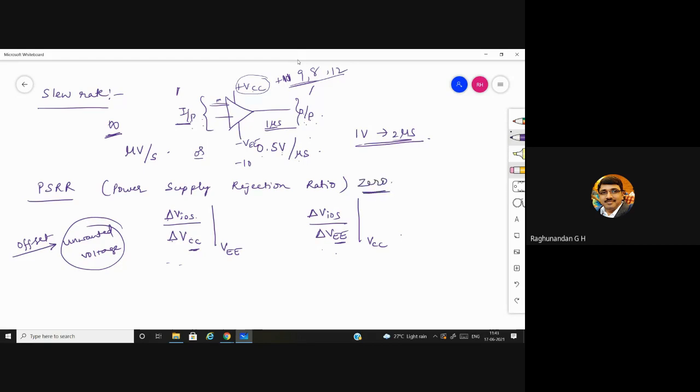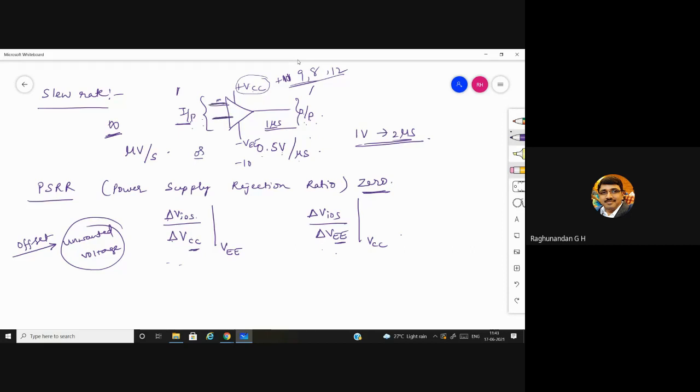0 indicates that even though plus VCC or minus VEE are going to have some fluctuation, no signal is getting added up at the input. So there is no variation at the input. It is not going to have any effect over the input signal or the voltage which is at the input terminals.